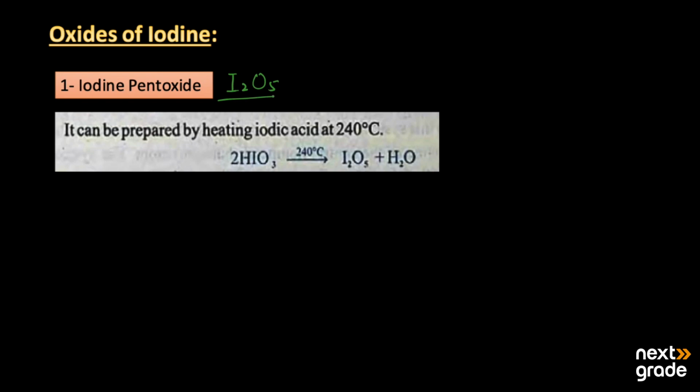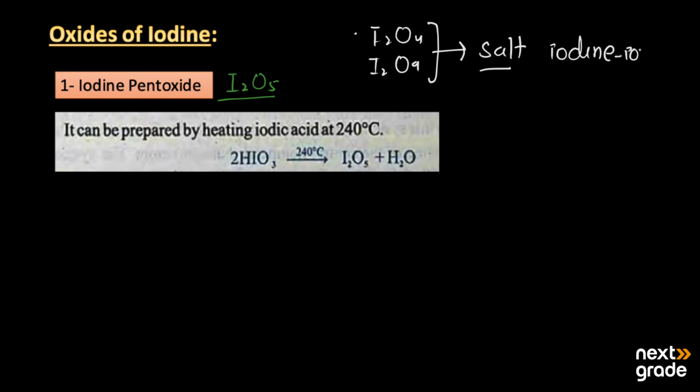The other compounds, like I2O4 and I4O9, are just like salts, so they are considered iodine iodates. But the one which is iodine pentoxide is important.